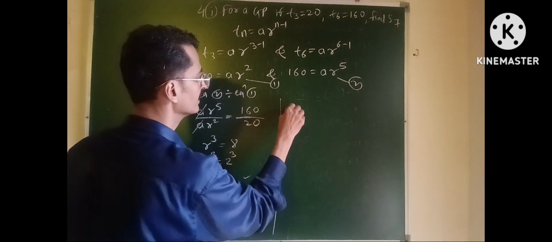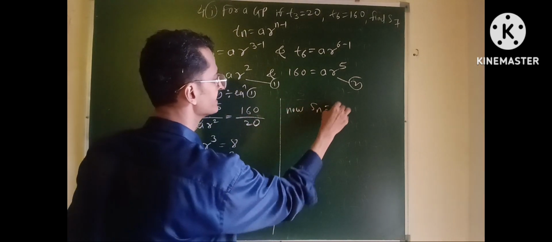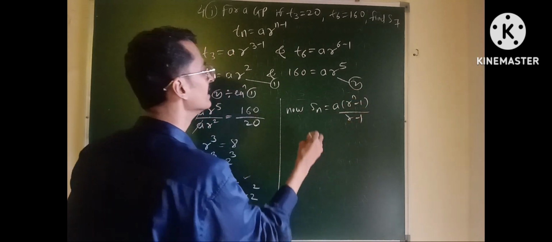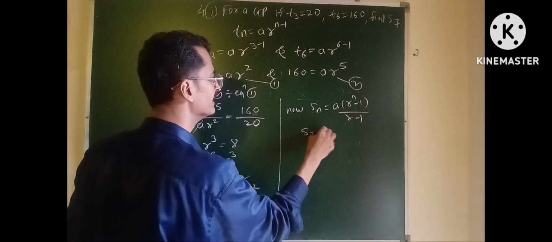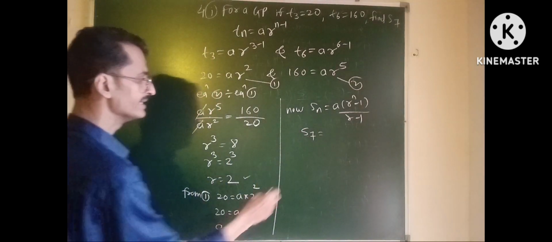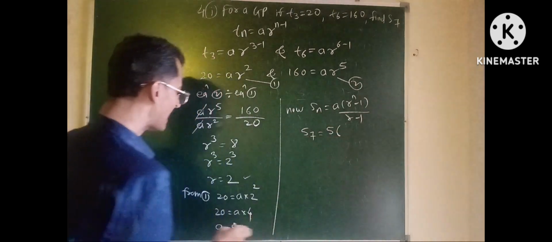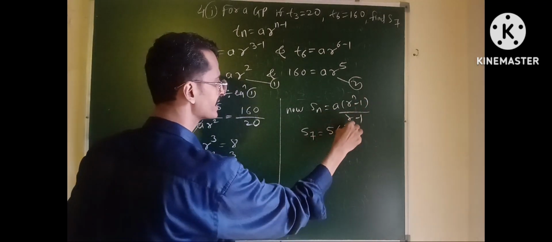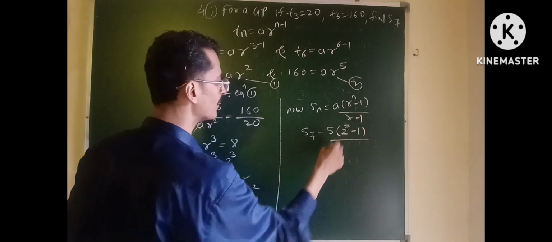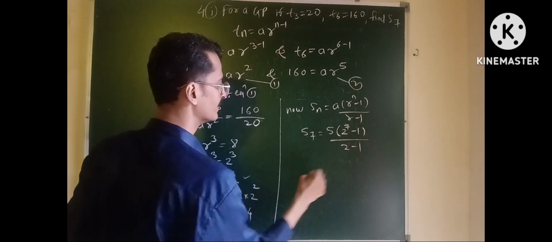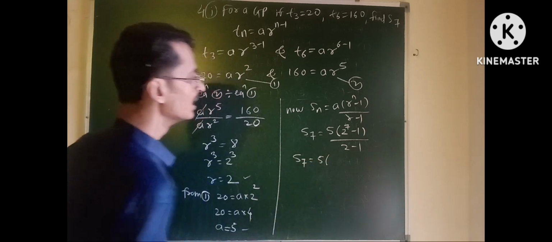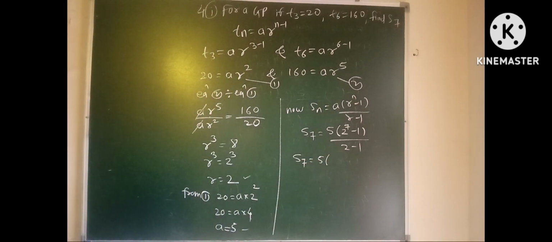So now Sn is a into r raised to n minus 1 upon r minus 1, and therefore S7, a is 5, r is 2, raised to n is now 7, minus 1 upon r minus 1. Therefore S7 is 5 into. Now find out 2 raised to 7. What is 2 raised to 7?